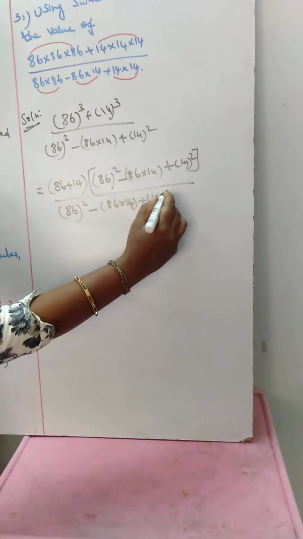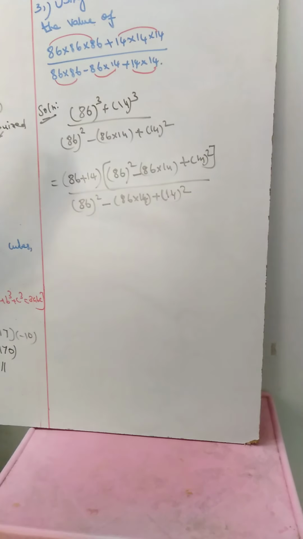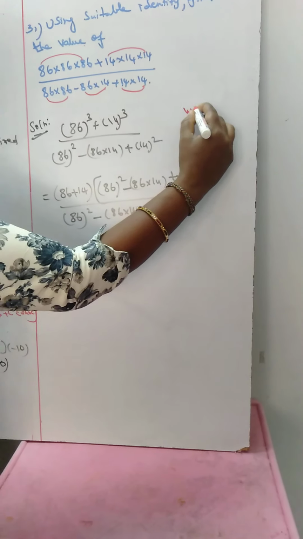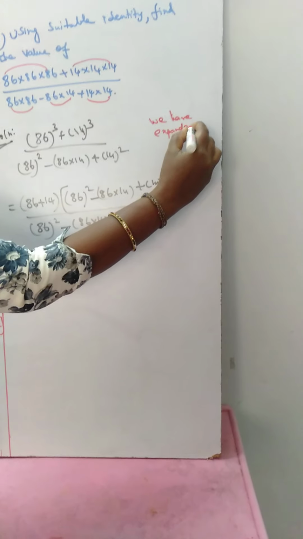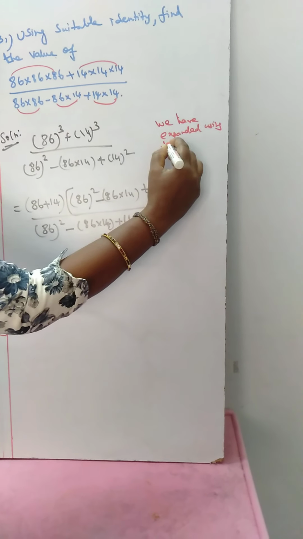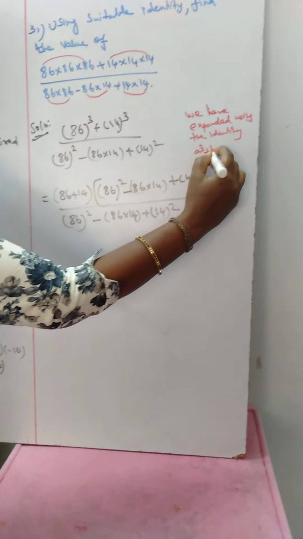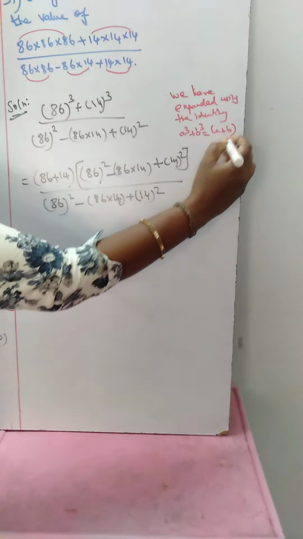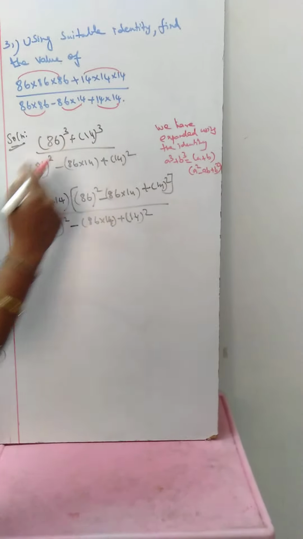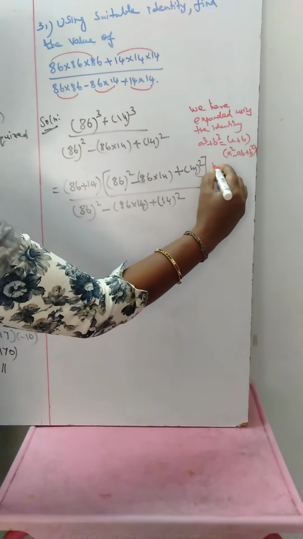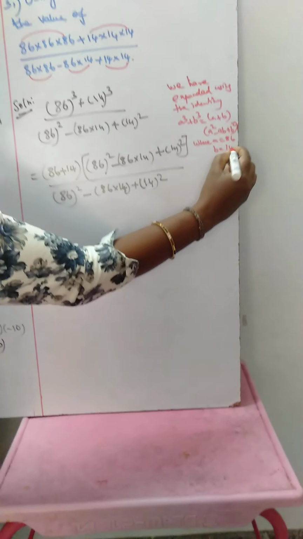So we have expanded using the identity a cube plus b cube equal to a plus b into a square minus ab plus b square, that is the numerator part, where a equal to 86, b equal to 14.